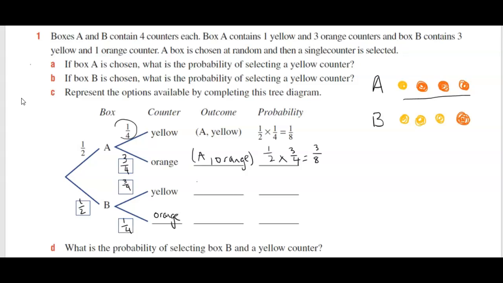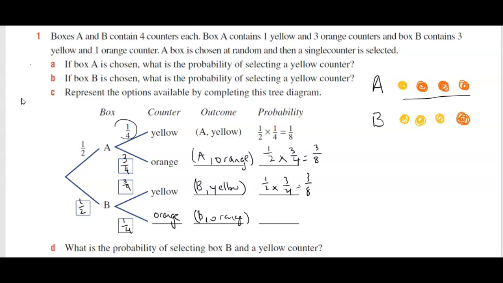So your outcomes now are B yellow and B orange. Okay, so they're your different possibilities. And to get your probabilities, you multiply along your branches. So 1/2 times 3/4, which is 3 over 8.